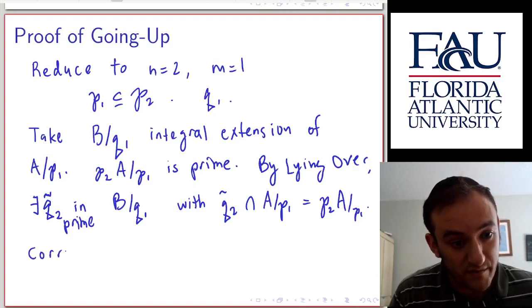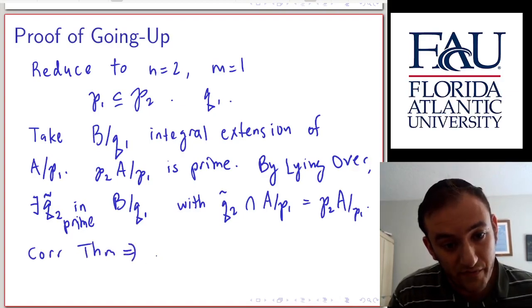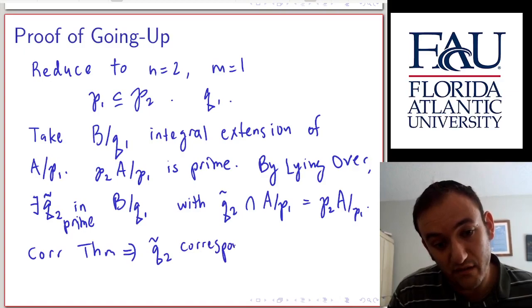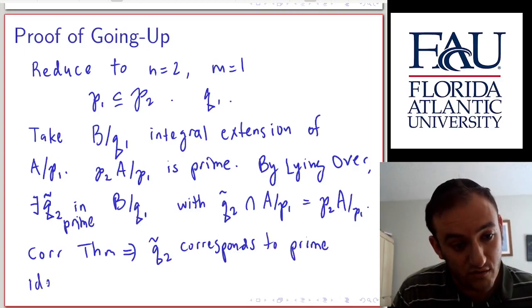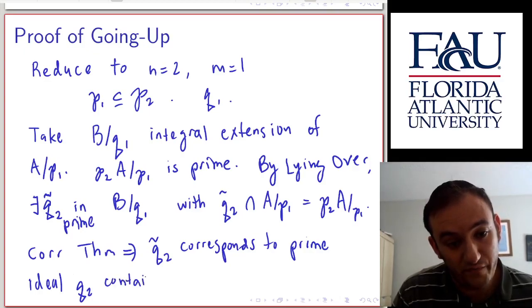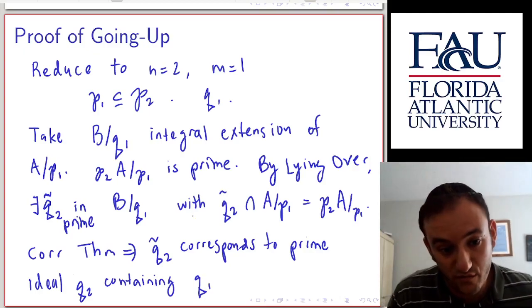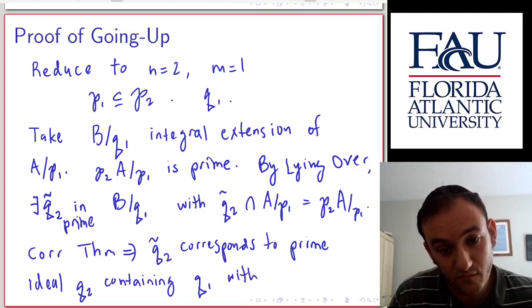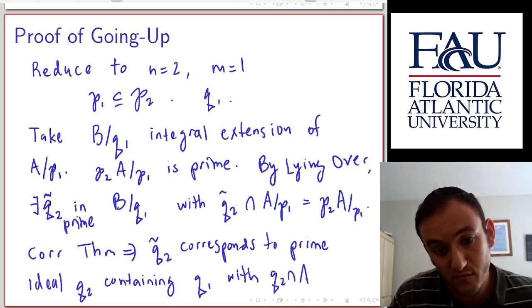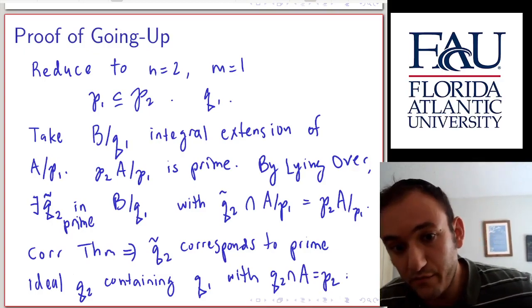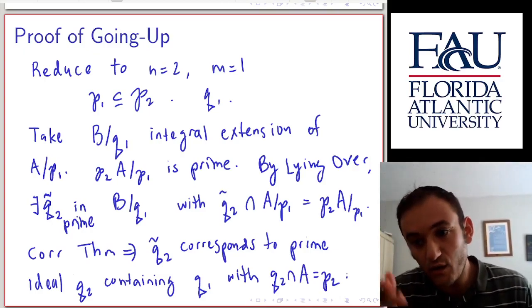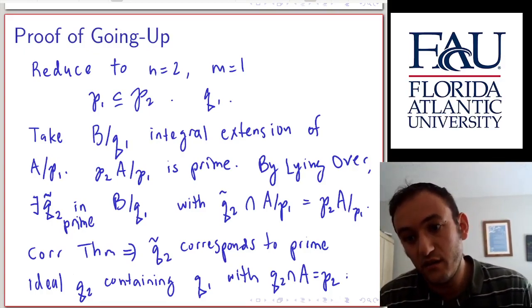So the correspondence theorem says that this Q2 tilde corresponds to a prime ideal Q2 containing Q1, whose intersection with A is P2. Okay, and that's exactly what we need. So it's as straightforward as just quotienting out by the bottom ideal and applying the lying over theorem.